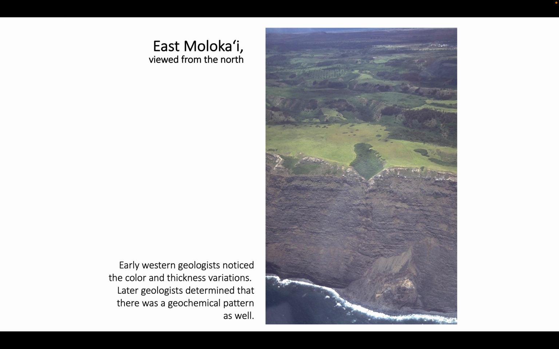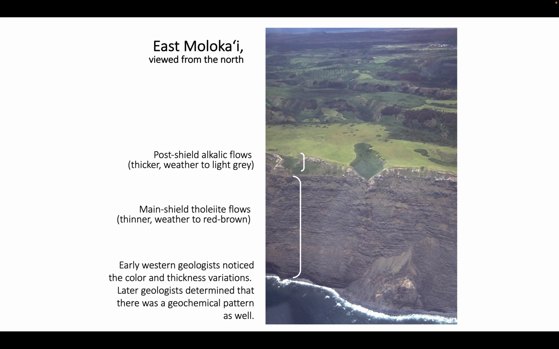This represents the main shield tholeiite flows. Tholeiite flows are iron-rich and will oxidize or rust, giving it the reddish color. Above this layer are the post-shield alkalic flows. Layering is thicker and rocks will weather to gray and light gray. Here in the green, you see the surface of the old volcano.